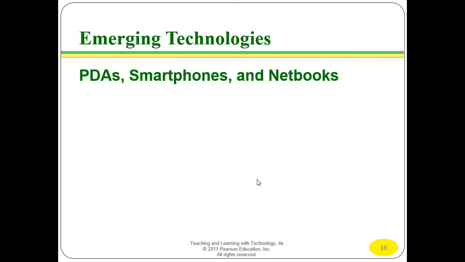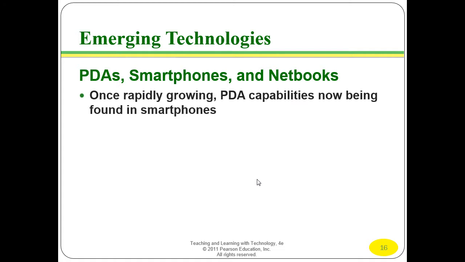Some emerging technologies out there: PDAs, smartphones, and netbooks. We're all pretty familiar with that. They were once rapidly growing. PDA capabilities are now being found in smartphones, and so these PDAs were just their own standalone little computer, and really all you could do was to use it as a computer.